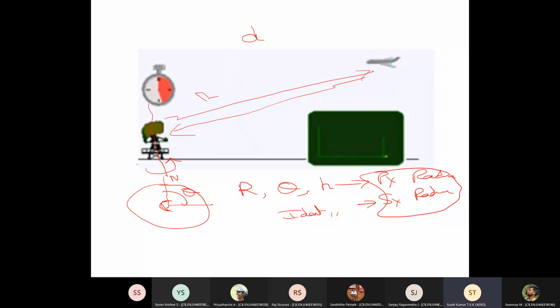What this slide shows is the moment you start the pulse, you start a timer, and you measure the time taken for the return pulse to come. Once you know the time, you can always find out the distance. And theta is directly coupled to the antenna axis, so you can derive that.